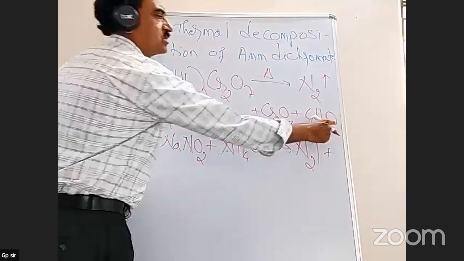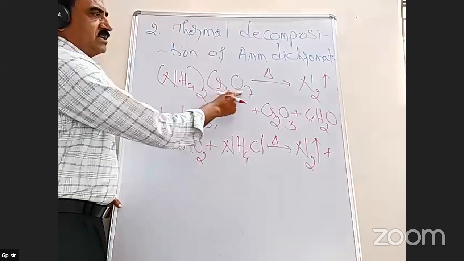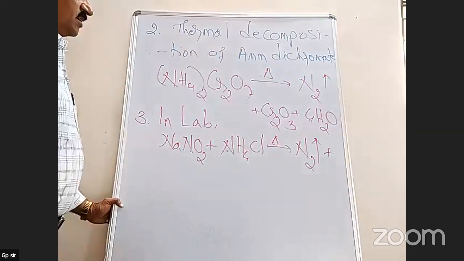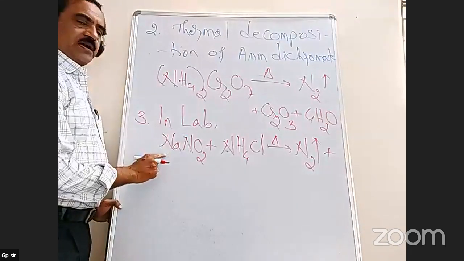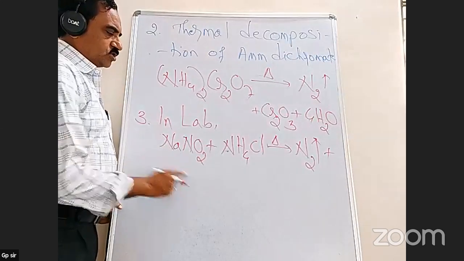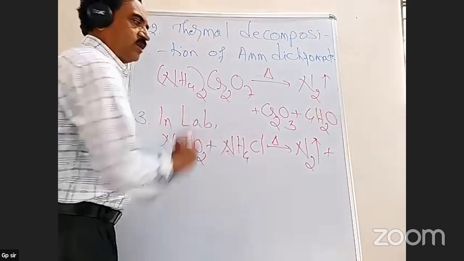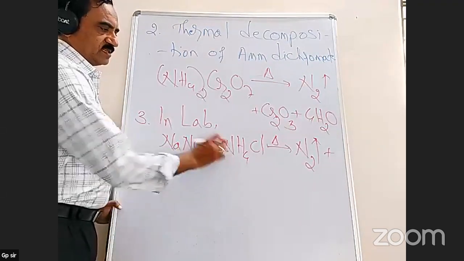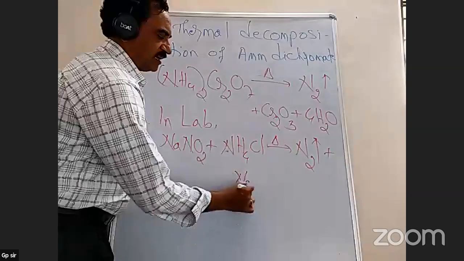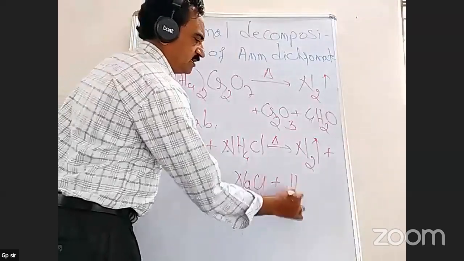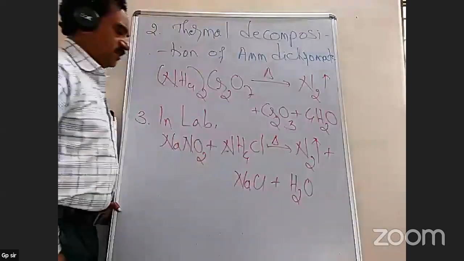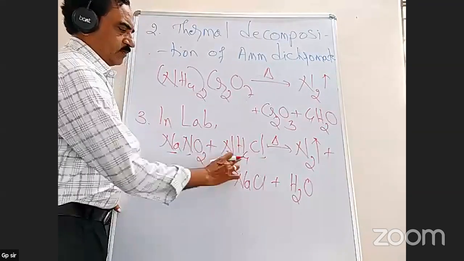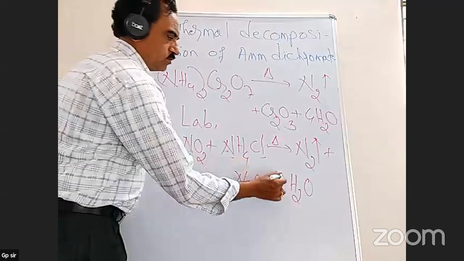So 3 plus 4, 7 oxygens, and here there are 7. In the laboratory, it is prepared by heating a mixture of sodium nitrite and ammonium chloride solution. So it will decompose like this: NaNO2 plus NH4Cl gives N2 plus NaCl plus H2O. Balancing: N2, NaCl, 4 hydrogens and 2 oxygens, so 2H2O.